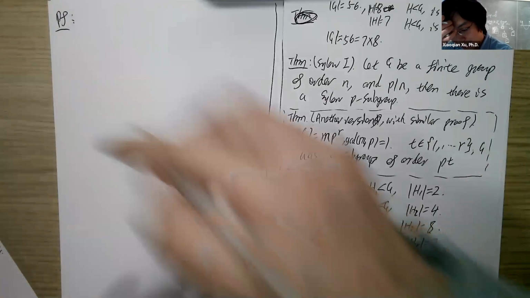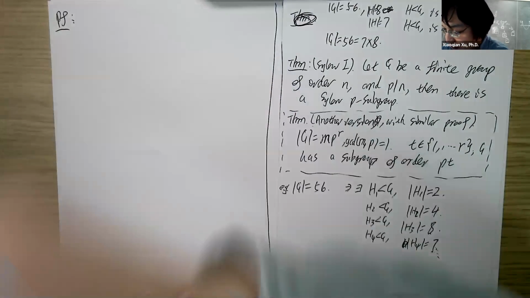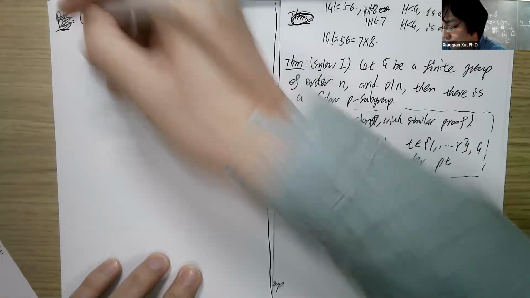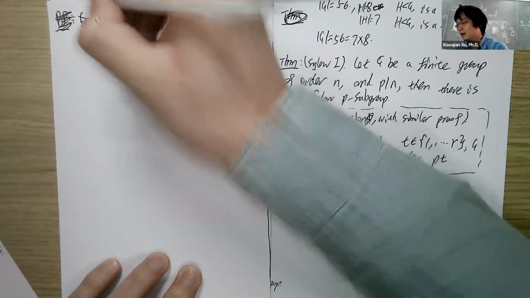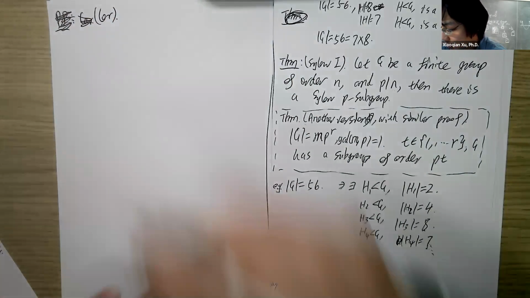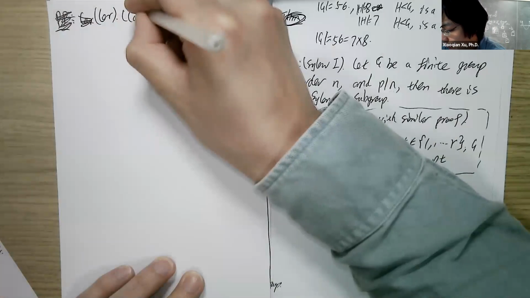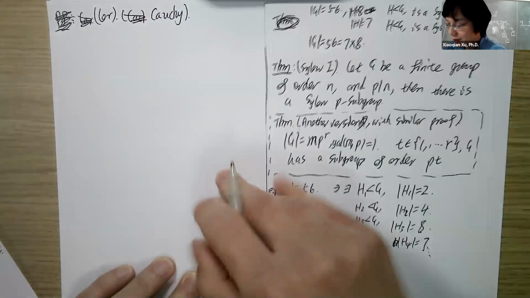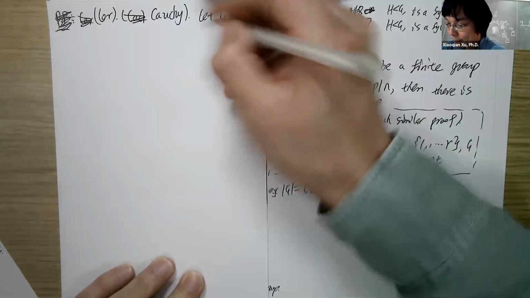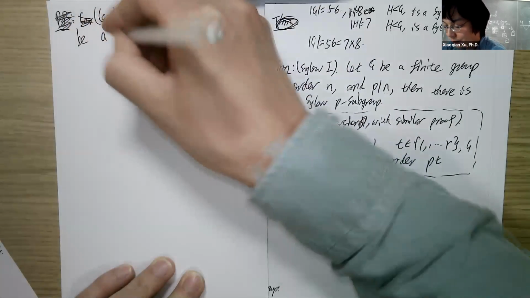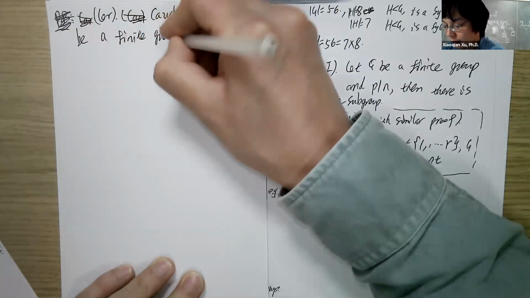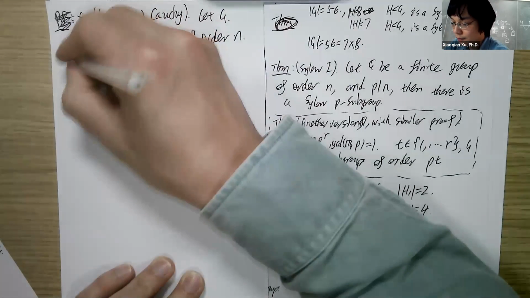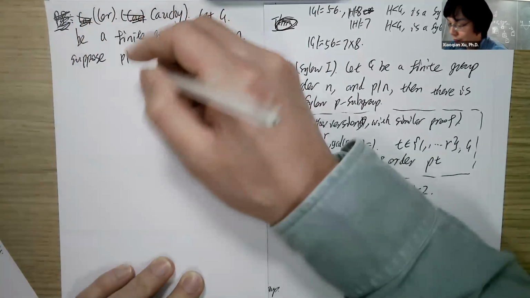By the way, I'm sorry, there is another corollary of Sylow's first theorem, the so-called Cauchy's theorem, which states: let G be a finite group of order n. Suppose P is a prime factor of n.